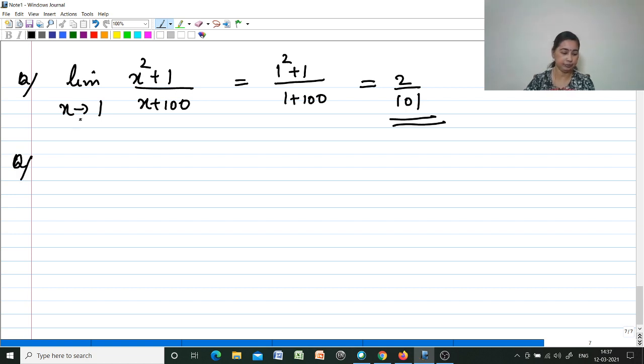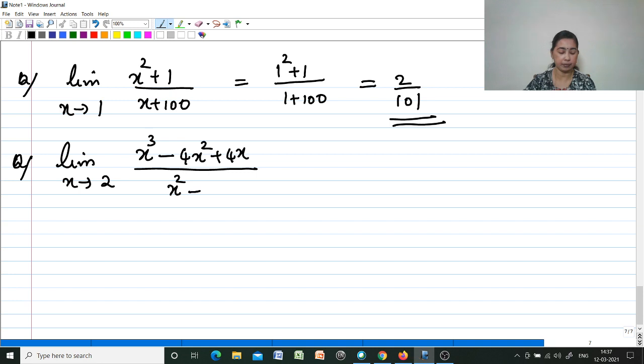Now next one, limit x tends to 2, x cube minus 4x square plus 4x divided by x square minus 4. Again we can give x equal to 2 here and check whether it is in the 0 by 0 form or which form it is.